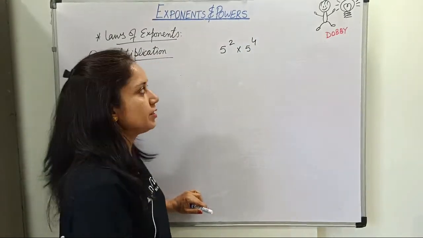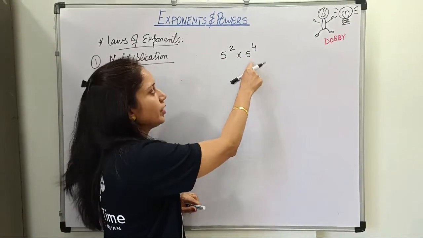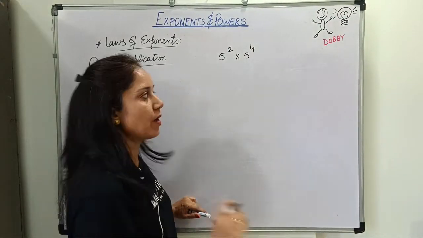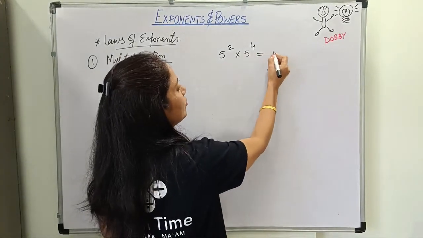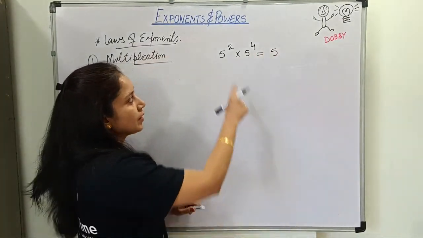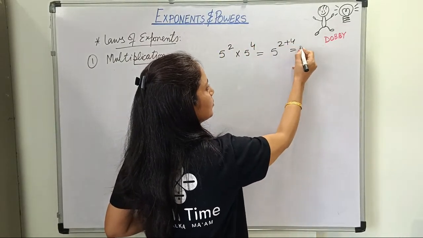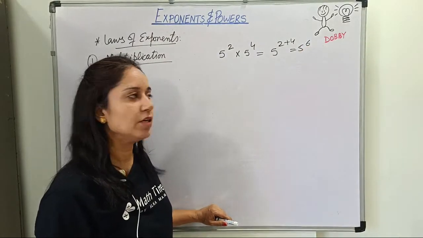So the law says when there are two rational numbers with the same base, and it is in the multiplication, that time we add the powers. So 5 will be written as the base one time and 2 and 4, both the powers, will be added. So it becomes 5 raised to the power 6. This is the first law.